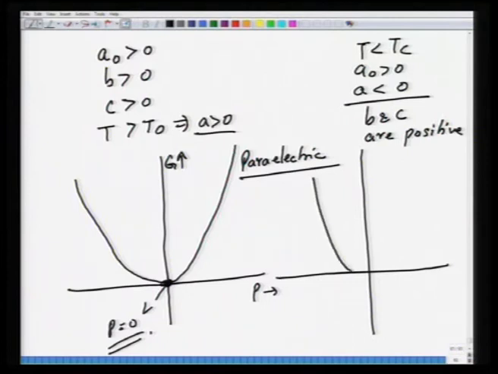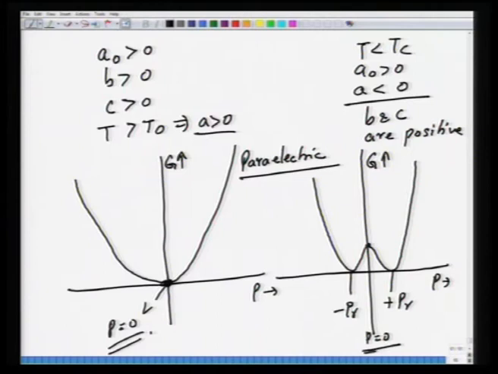So this looks like this. So you have one minima, two equivalent minimas, and this is polarization, this is free energy. So this is plus PR, this is minus PR, and this is the state for P equal to 0, and this is what is the ferroelectric state.